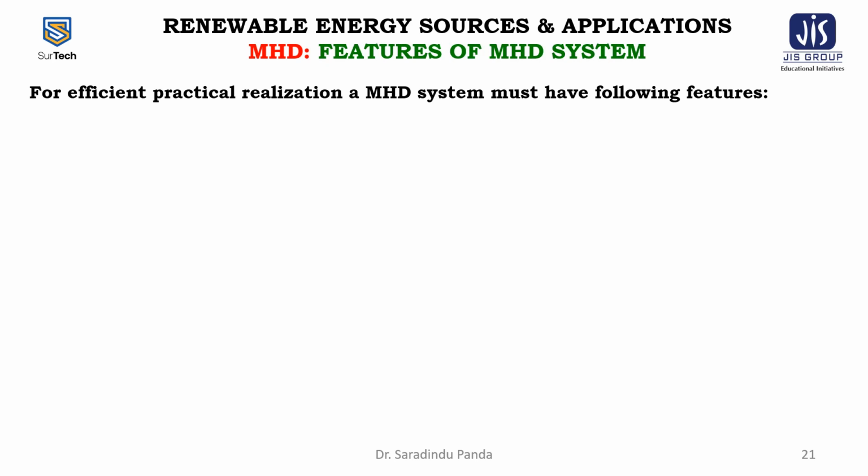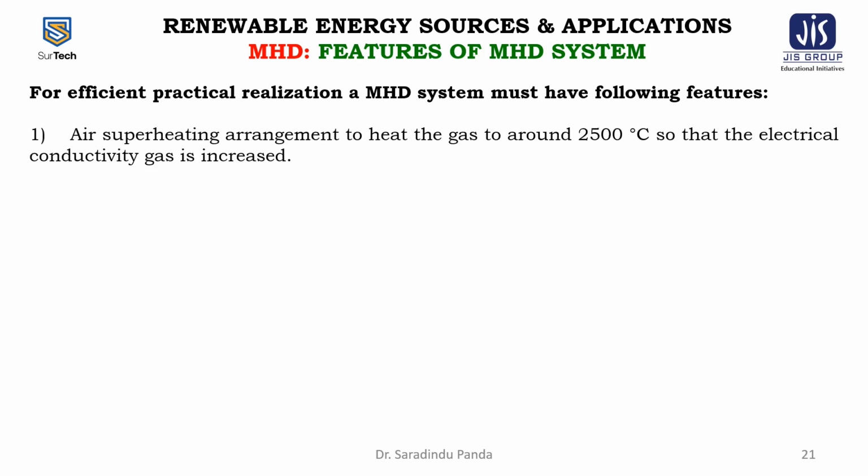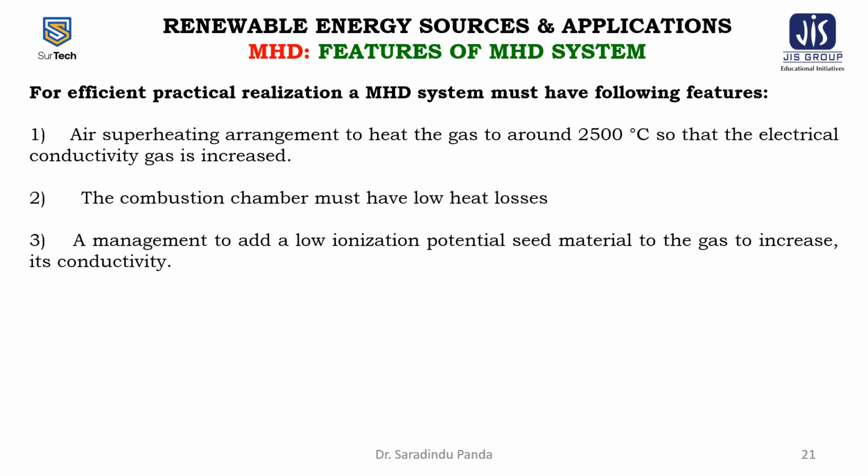Now the features of the MHD system. For efficient practical realization, an MHD system must have the following features. Number 1, an air superheating arrangement to heat the gas to around 2500 degrees centigrade so that the electrical conductivity of the gas is increased. The combustion chamber must have low heat losses.